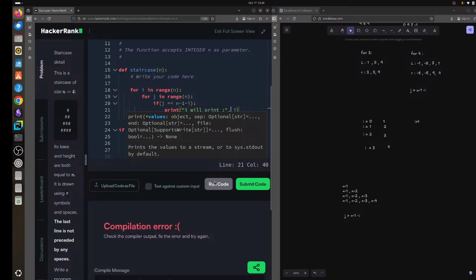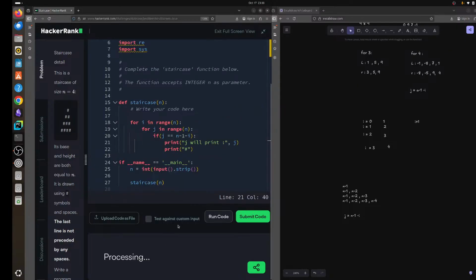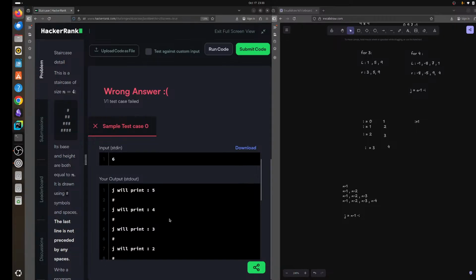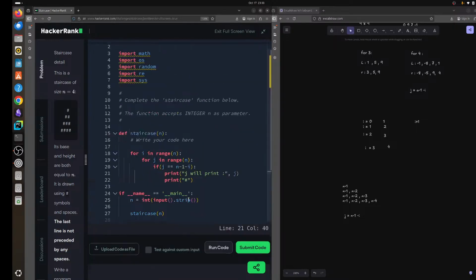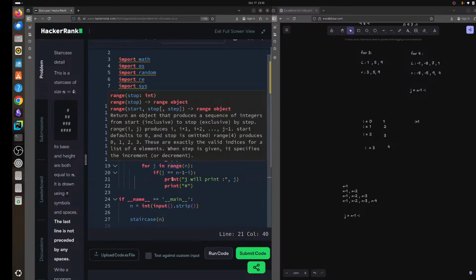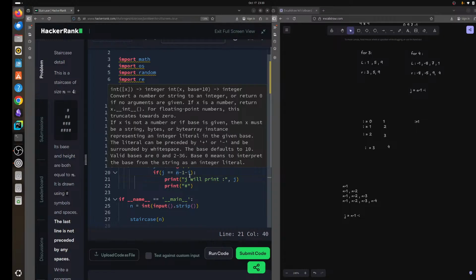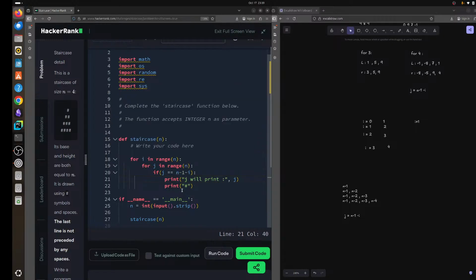Run code. I think we get the pattern. Oh sorry. Then it will print only on that specific place, right? It will not decrease the j. No, this would not be n minus 1. j equals j minus i.